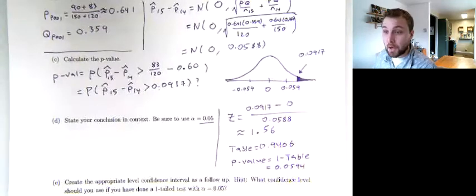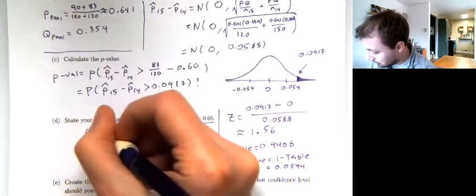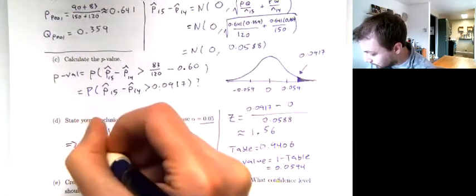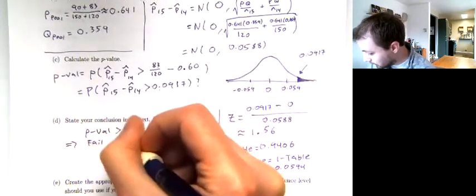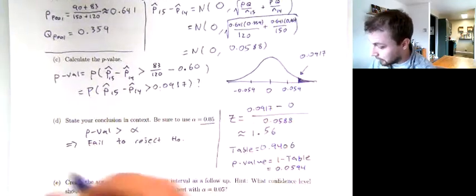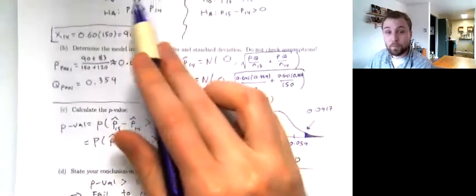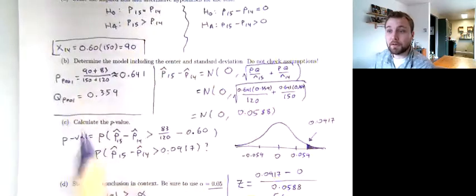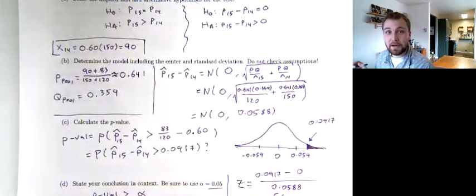This is actually larger than 5%. So since my p-value is bigger than my alpha, I fail to reject the null hypothesis. In other words, I'm stuck between these two things, thinking there's probably not been an increase or not been a change in that rate from 2014 to 2015 in a meaningful way.